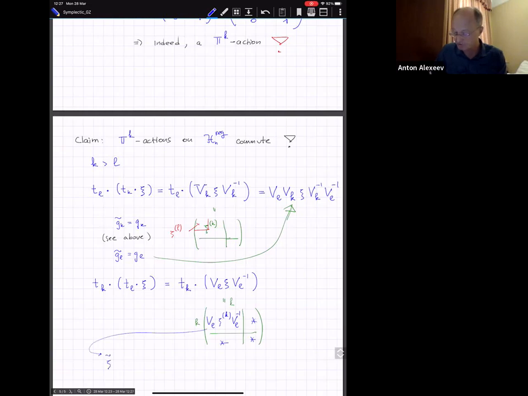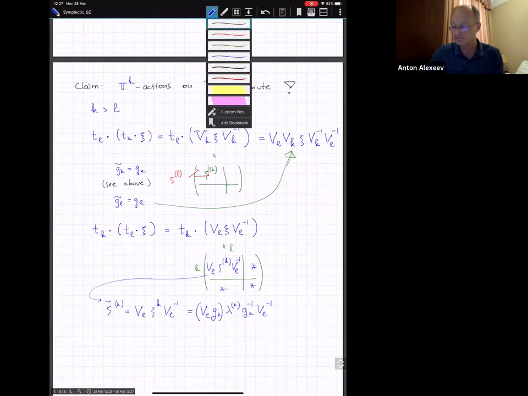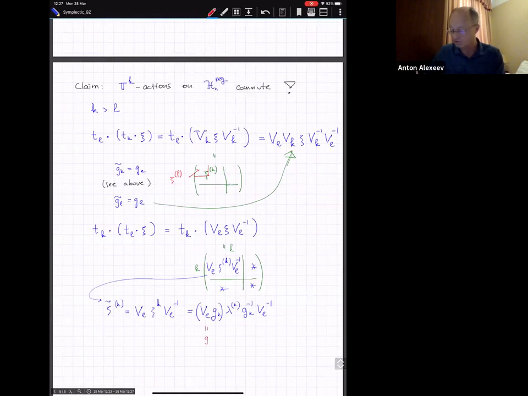So this is ξK tilde, new ξK. It's equal to VL ξK VL⁻¹. And well, we know it is VL GK λK GK⁻¹ VL⁻¹. So that's the new GK tilde.